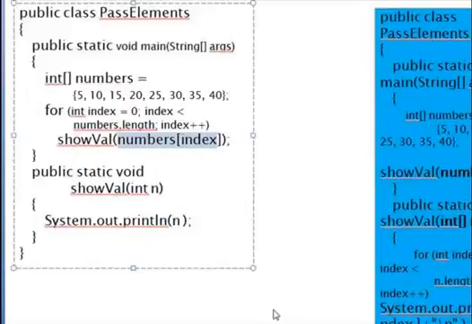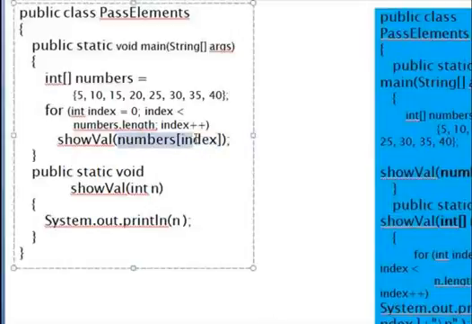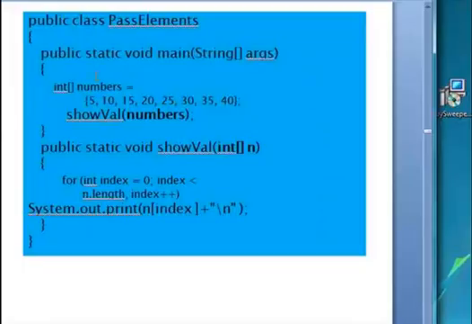Now let's look at another type. Is there any way that instead of passing a value, I pass the whole array? So this is the actual argument that we have right here. Instead of passing a value, I want to pass the whole array. Let me show you this example.